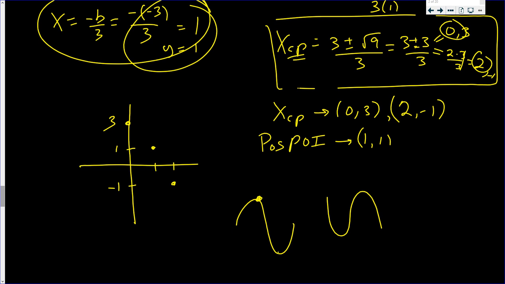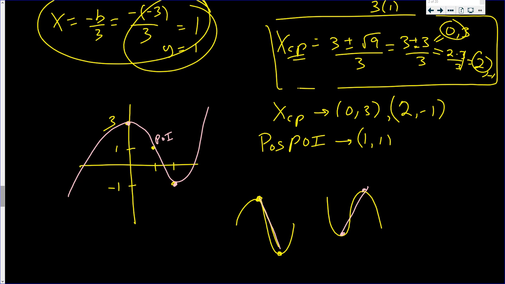If the max and min are on what I would call a negative slope, they look like that. If the max and min are on a positive slope, it looks like that. This is our max, this is our min. The point of inflection is in the middle. The curve has to go this way.